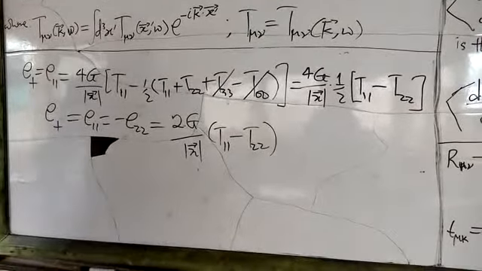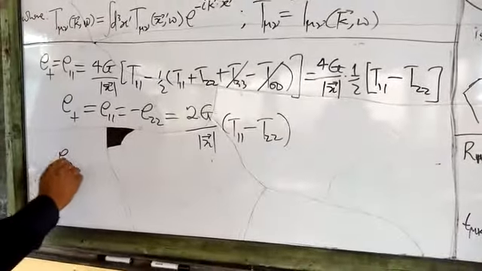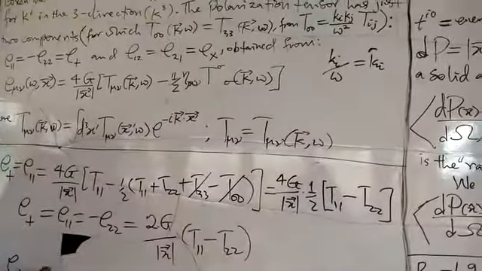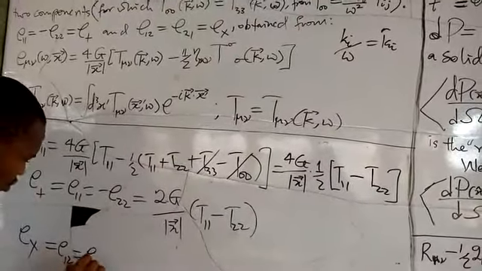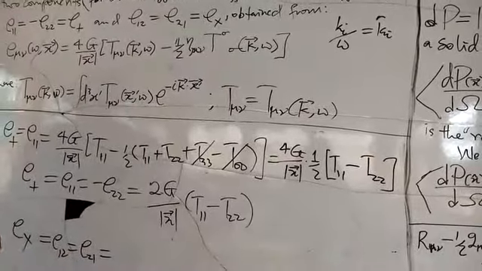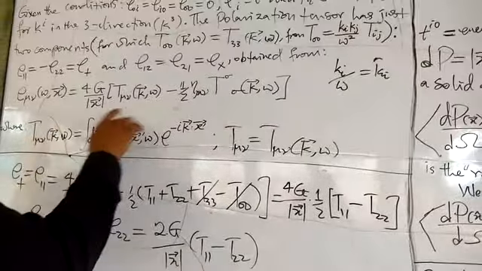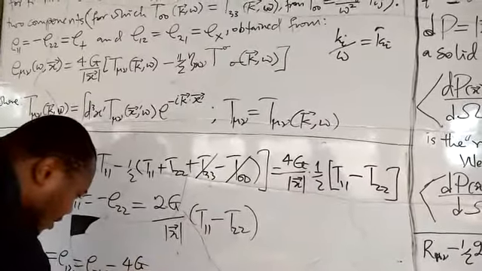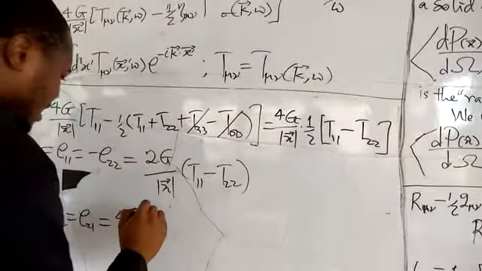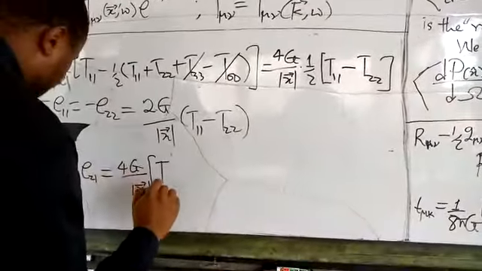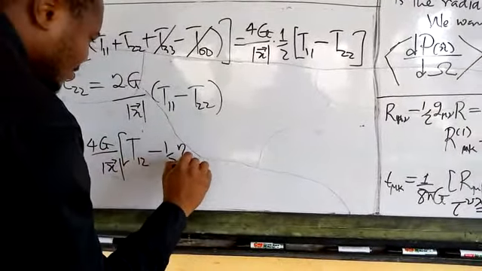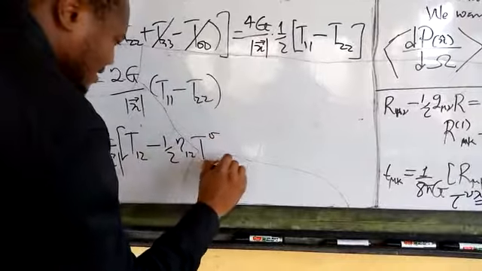The cross polarization, I believe, should be simpler, because this will then be equal to, just like has been stated here, either E1,2 or E2,1. So just like we did with the first case, this will be 4G all over modulus of X. And then what I'm going to have here is T12 minus half again, eta 1,2 and T sigma sigma.